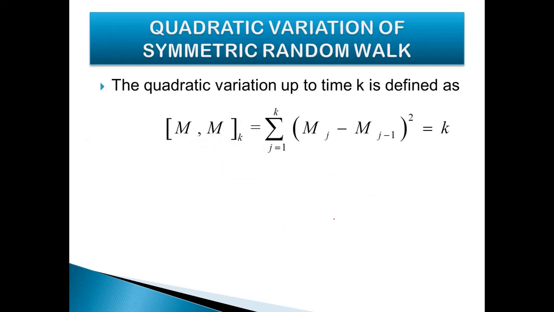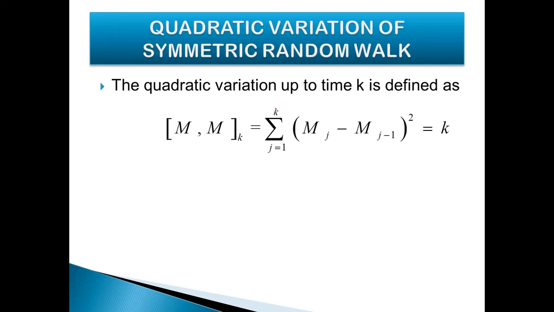The quadratic variation we define this way. We denote it by [M,M]_k. This is the notation. How is it defined? It is defined as the summation of (M_j minus M_{j-1}) whole square, each of the increments, their difference squared. So what is M_j minus M_{j-1}? It is X_j. What is X_j square? It is 1.